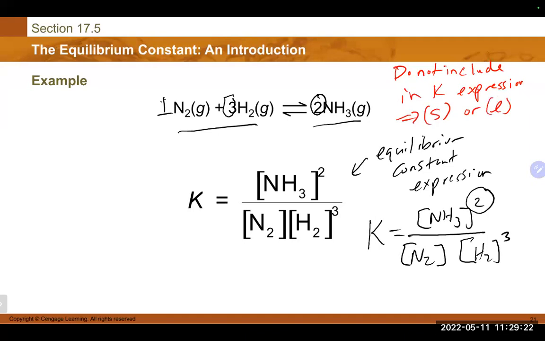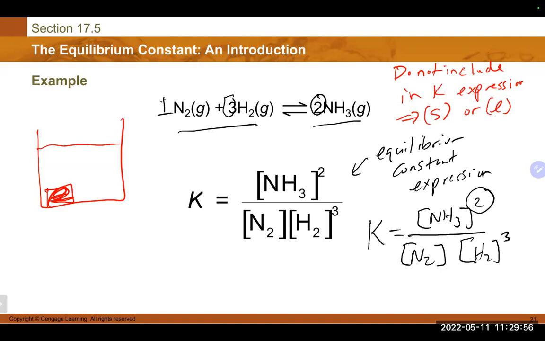Frankly, if it is a solid, it is pretty much just sitting there on the bottom and not participating in the reaction, so nothing really changes with it. And if it's a liquid like water, its concentration remains pretty much constant throughout the reaction, so it doesn't really affect much.